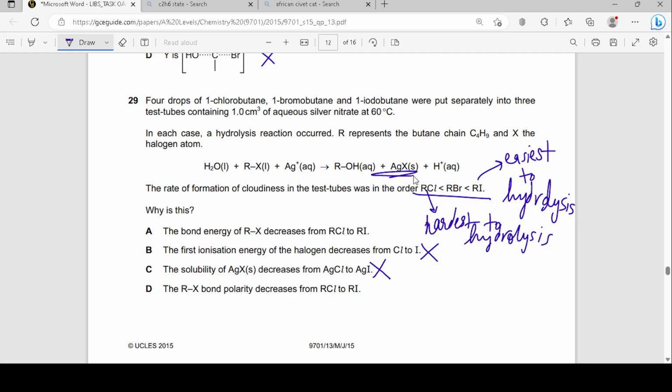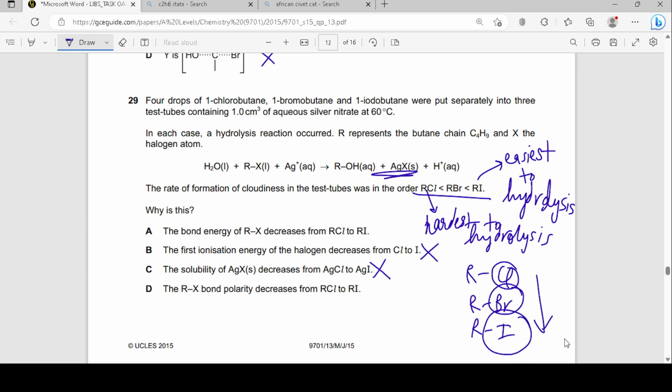Talking about AgX, the classic thing you think about is bond energy and bond polarity. Both are valid answers? Let me read them carefully. Bond energy of RX decreases from RCl to RI. So if I think about it, fluorine, then chlorine, then bromine, then iodine, down the group your atom becomes bigger, right?